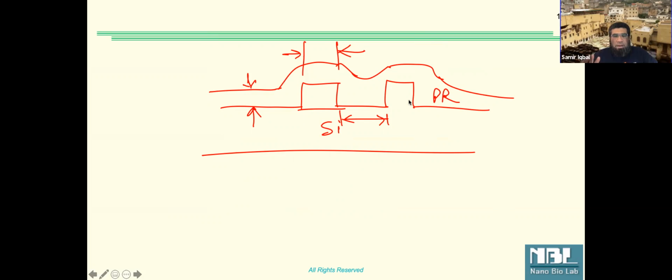The three criteria you have to remember: minimum feature size, depth of focus, and pitch, which define how much density we can pack in a chip, for example.